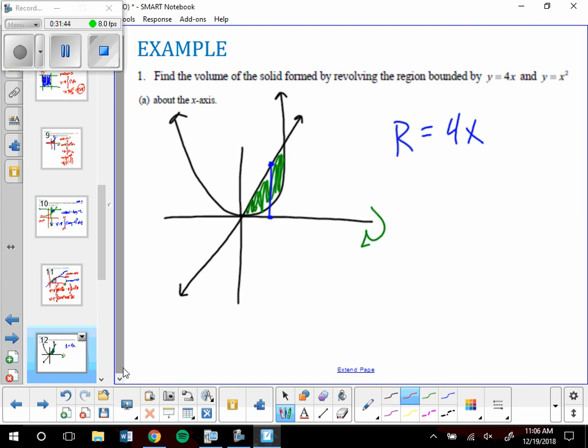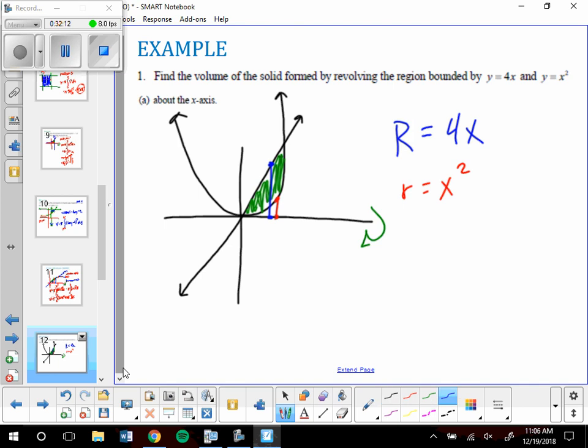To get my inner radius, I need to get to the bottom of my area as close as I can to the axis of revolution and drop it down. That should not touch any area because I'm going to cut that part out. Does that make sense? It's this blank space in the middle. What's the height of that? x squared.